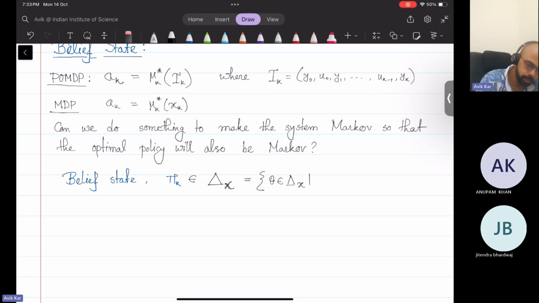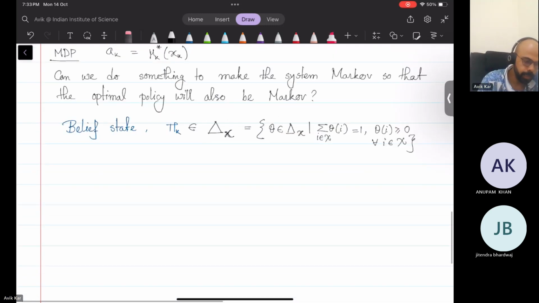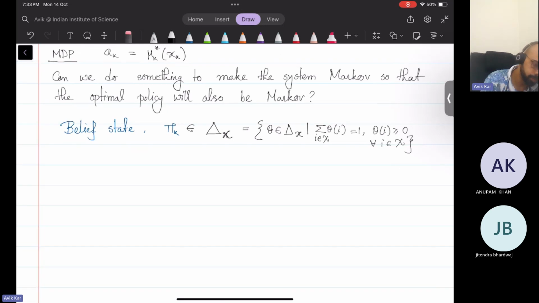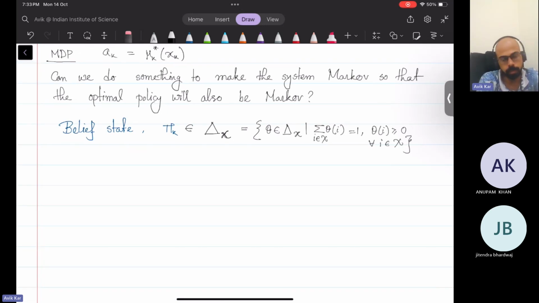It means the sum of θ_i over i in X is 1 and θ_i are greater than or equal to 0 for all i in X. Basically, all the PMFs on the state space. So belief state is an element in the simplex. This space of probability mass functions is called the simplex.